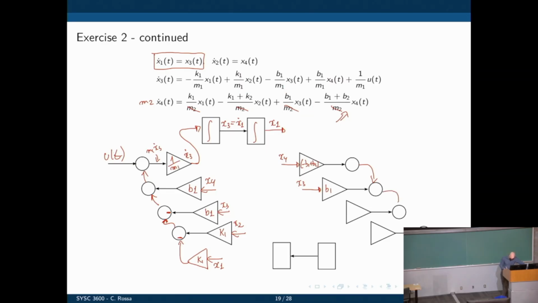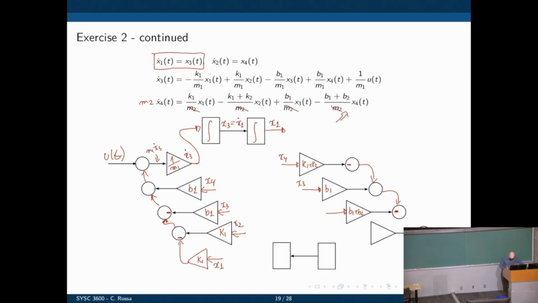We are going to add another term here, which is minus K1 plus K2. Let's be consistent and neglect that sign. So K1 plus K2, then you put a negative sign here. B1 plus B2, and you put a negative sign there, just to be consistent with the other notation.